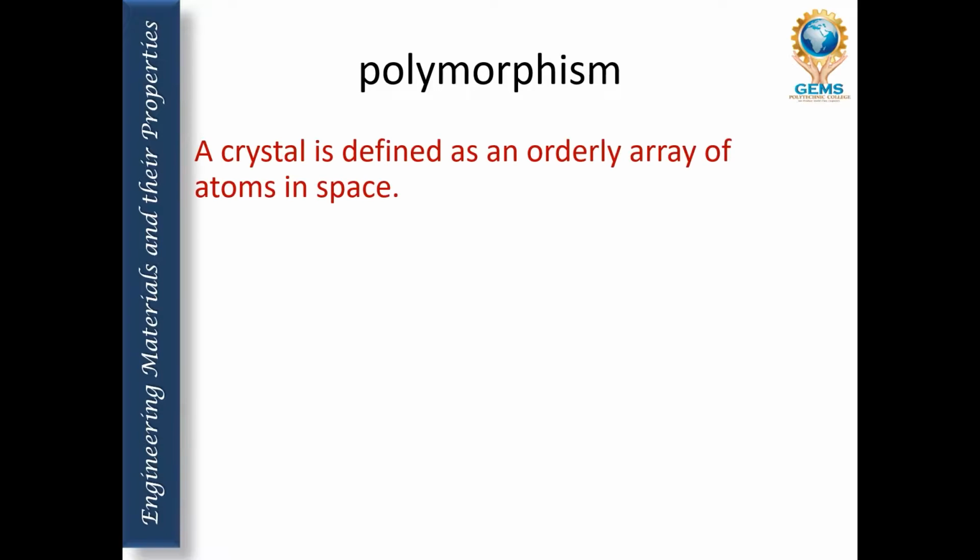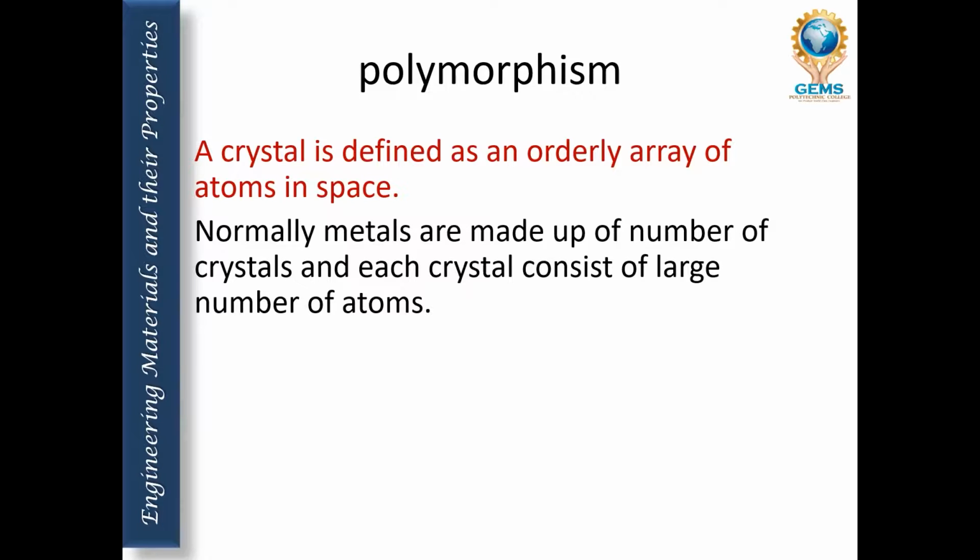Polymorphism. A crystal is defined as an orderly array of atoms in space. Normally metals are made up of a number of crystals, and each crystal consists of a large number of atoms. Basically, polymorphism, in simple words, is nothing but the condition of occurring in several different forms.